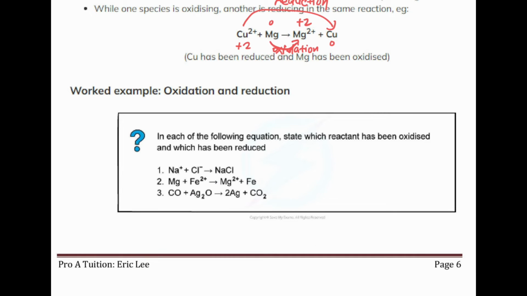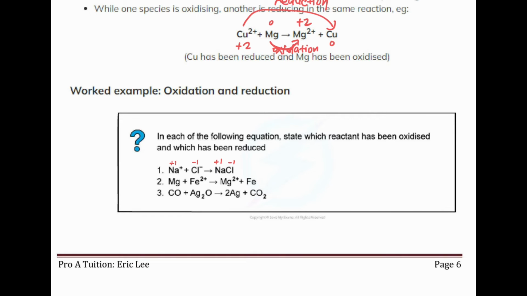You see Na+ and Cl-, and it becomes NaCl. We must be careful with this. In NaCl itself, the Na still has positive 1 as the charge, and the Cl still has negative 1 as the oxidation number.